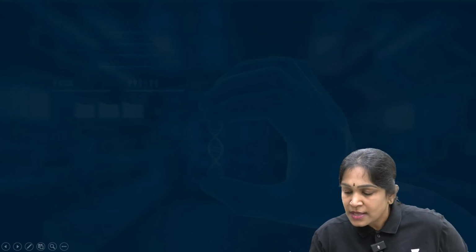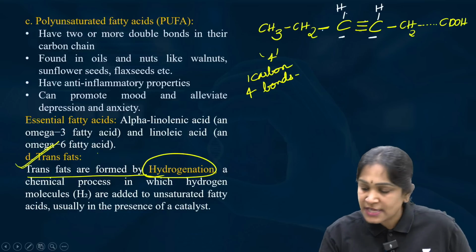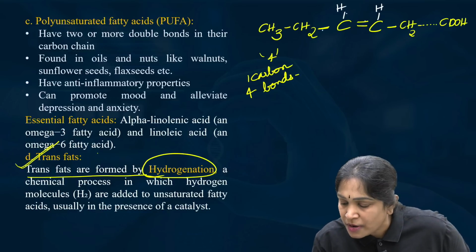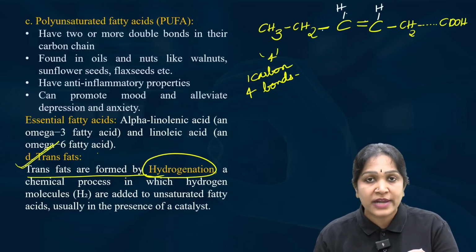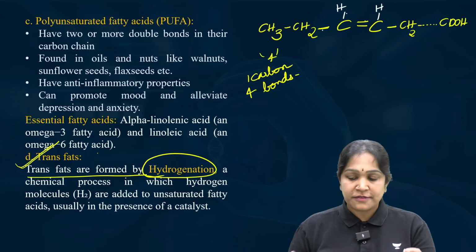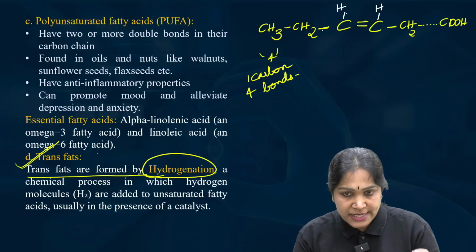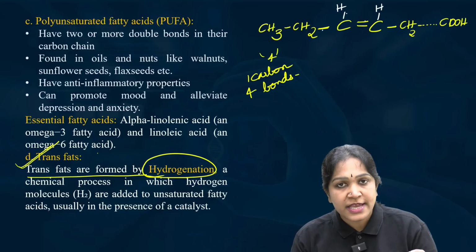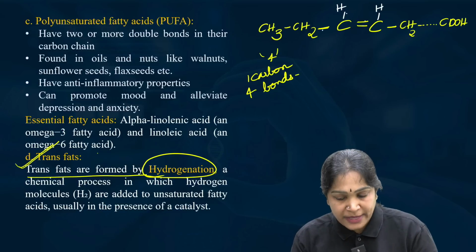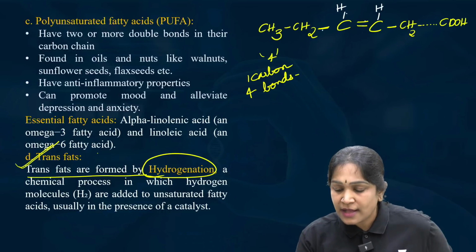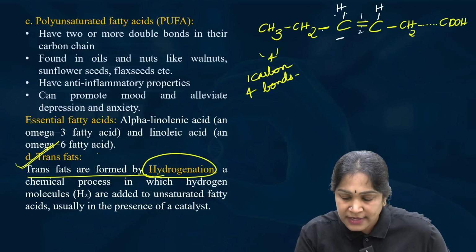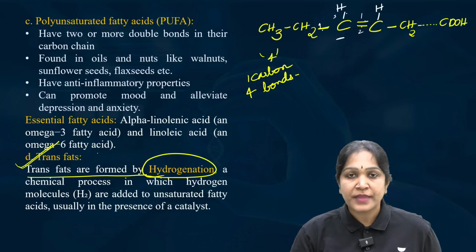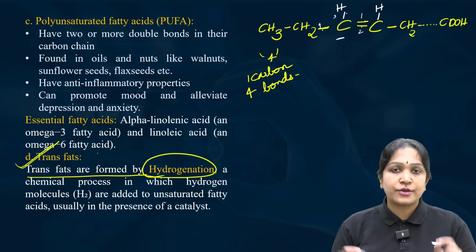Therefore, this triple bond will change into a double bond, because carbon can form only 4 bonds. Now this particular carbon is forming 2 bonds here, 1, 2, 3 and 4. So this process is called hydrogenation.